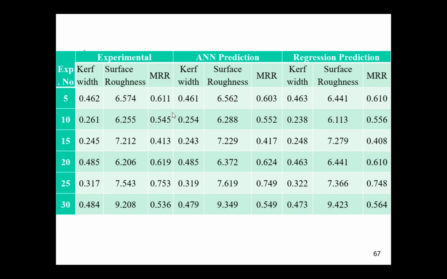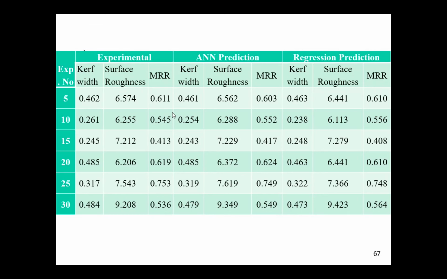That is given in the column number 5, 6, 7, ANN prediction. I know the experimental outputs, I know the predicted outputs. Similarly, I have developed a regression equation. Okay, by using that regression equation, I am going to predict the outputs for the experiment number 5, 10, 15, 20 and 25 and 30.